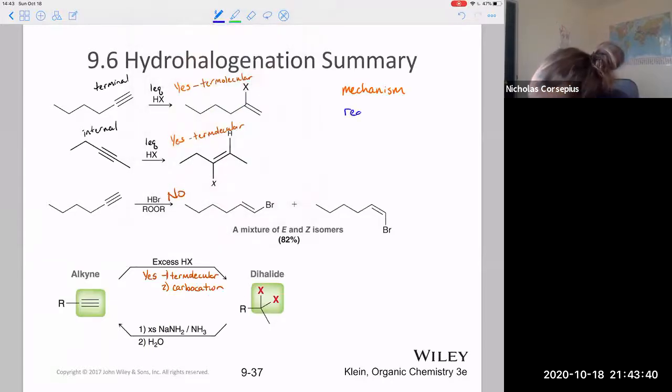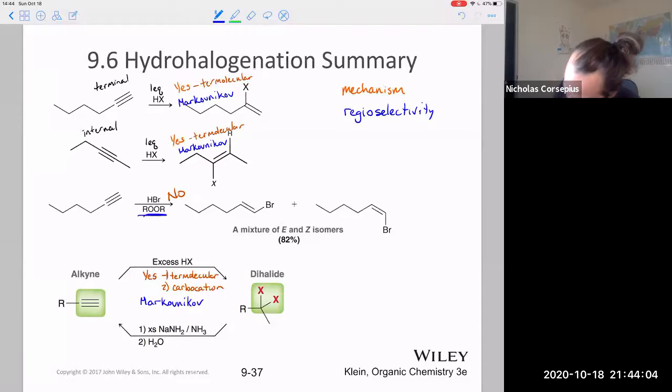Regioselectivity. Yes, because when we have our hydrohalogen, we have a Markovnikov addition. Same with the excess of our hydrohalogen.